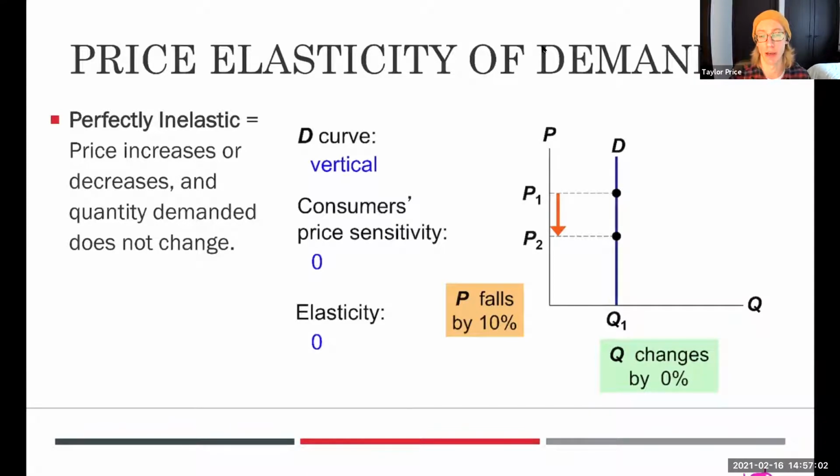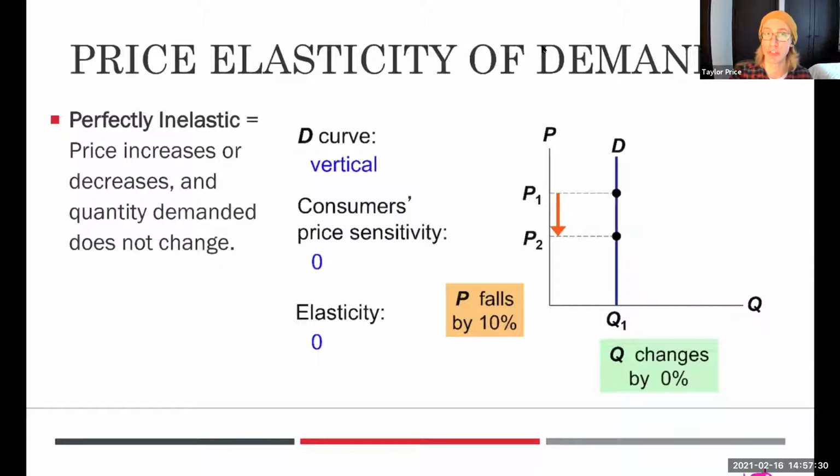A couple of years ago, the pharma bro increased the price of essential medicine a lot. The reason he could do that is because demand was basically perfectly inelastic. People need that to live, so they're not going to change the quantity demanded if price increases a lot. That's a real world example.